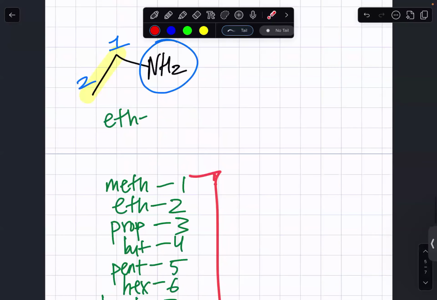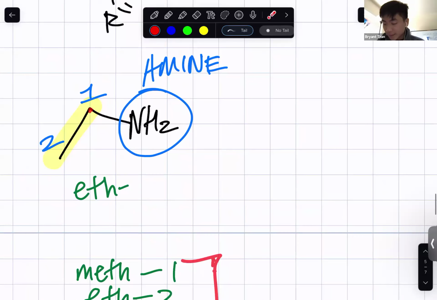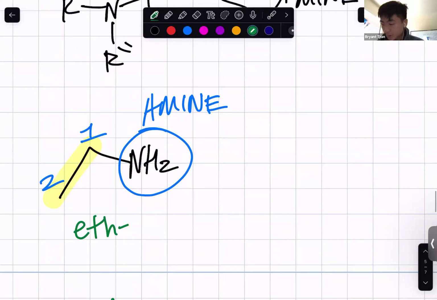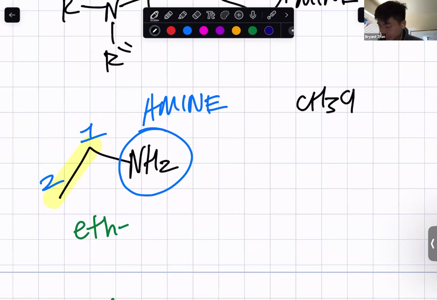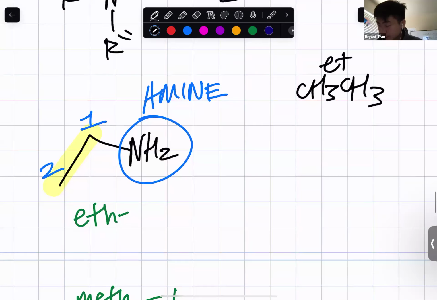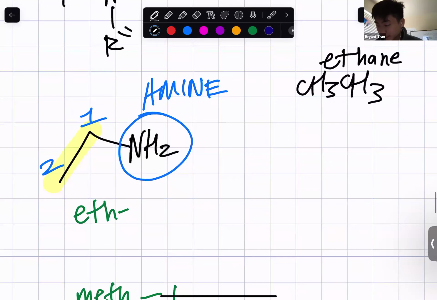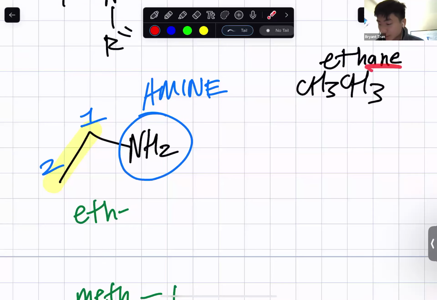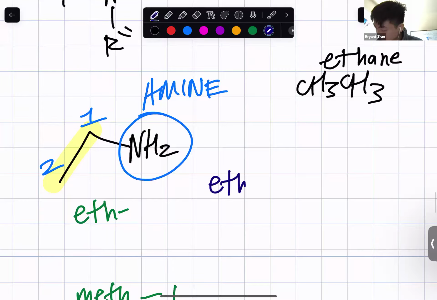Two is eth, and if it's a regular hydrocarbon chain like CH3, CH3, that would just be ethane because we just have an alkane, right? But we have an amine here, so this would be ethanamine, right?